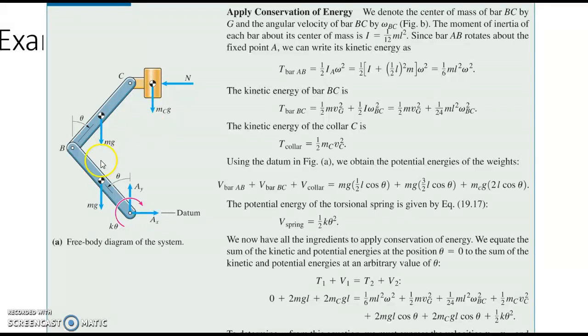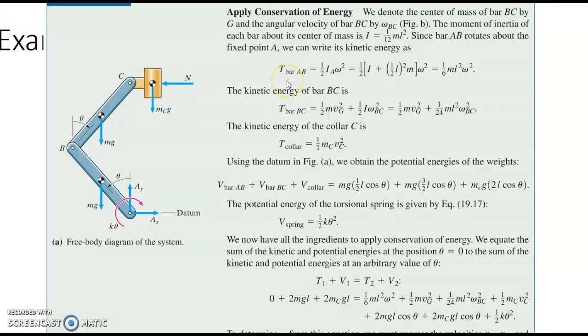Since we have just weight forces and spring forces acting here, these are all conservative. So we can immediately use the conservation of energy principle, which tells us that the total of the kinetic energy and potential energy must be the same between states.